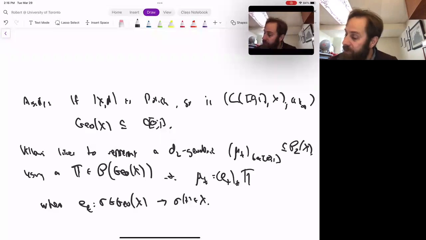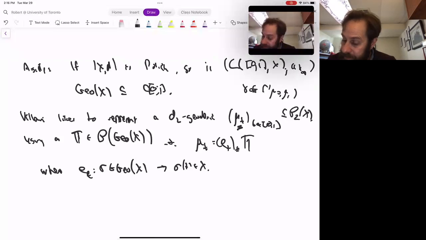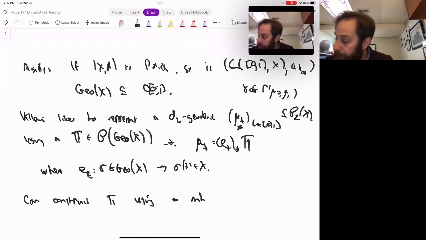If you think of these geodesics as arising from joint measures gamma on the set of joint measures having mu_0, mu_1 as marginals. Now, if you have a measurable selection, I construct Pi using a measurable selection.